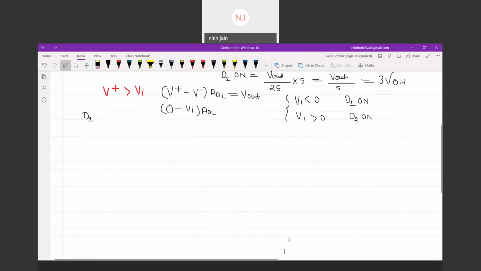Let's say Vi is less than 0 and D1 is on. So I am taking Vi less than 0, diode D1 is on.